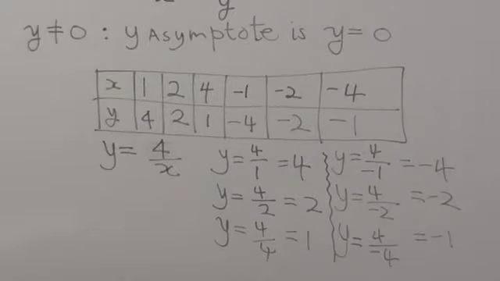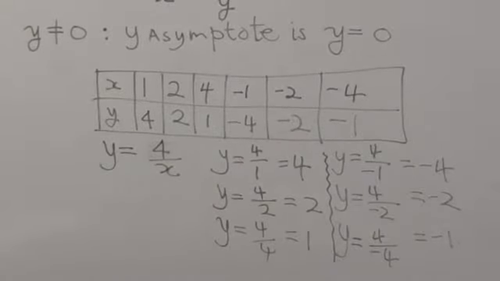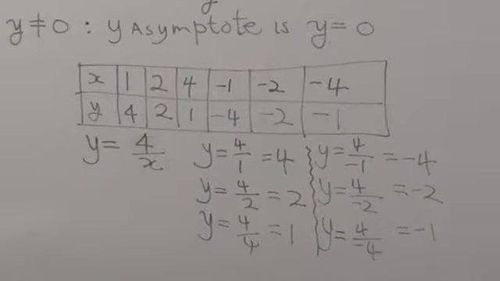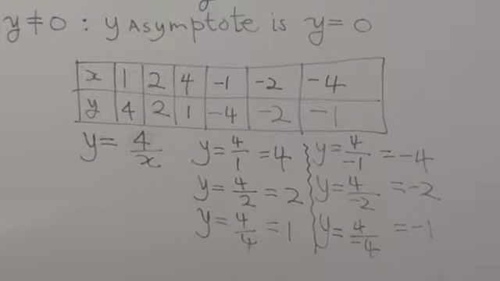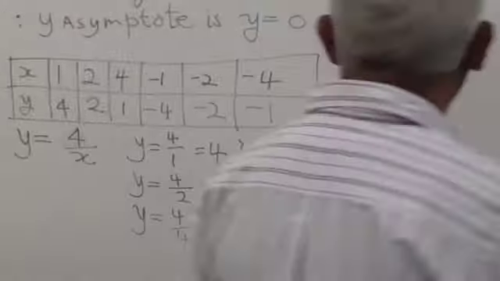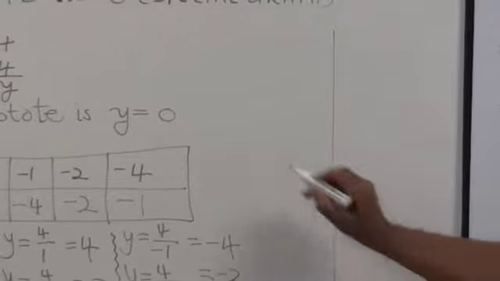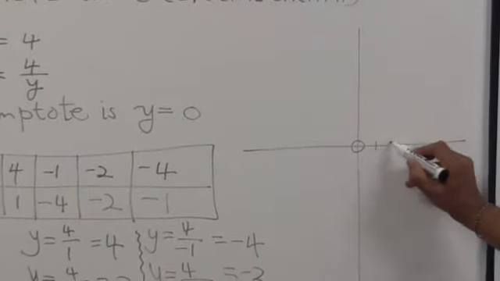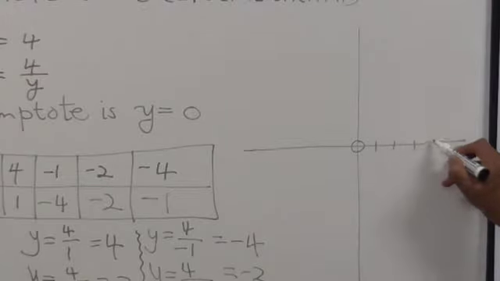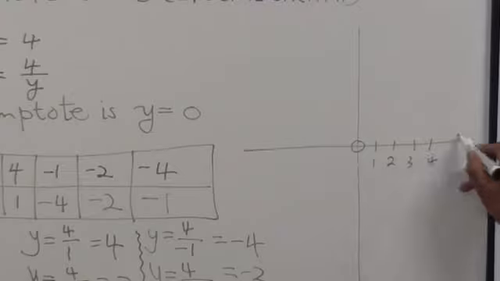Alright, so in a short while I'll draw the graph there. So let me just move on to the other side. Right. So there is your system of axes. You need 1, 2, 3, 4. 1, 2, 3, 4.